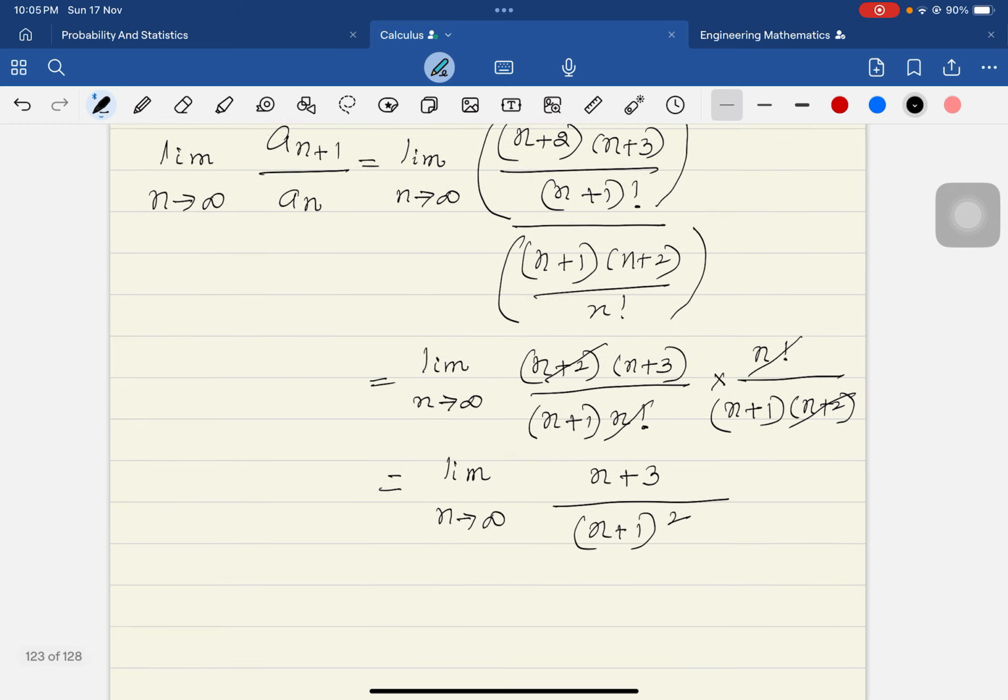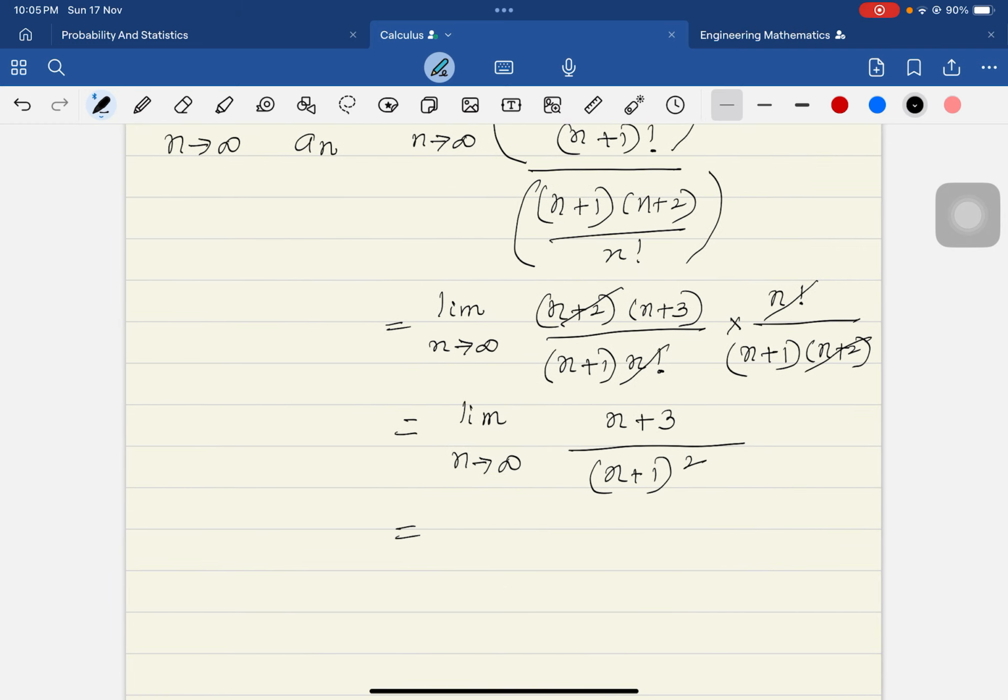Whenever n is there, immediately you can take n common, so that it is 1 plus 3 by n. Now as n goes to infinity, this term goes to 0. That's why what you have to do always is take n as common.